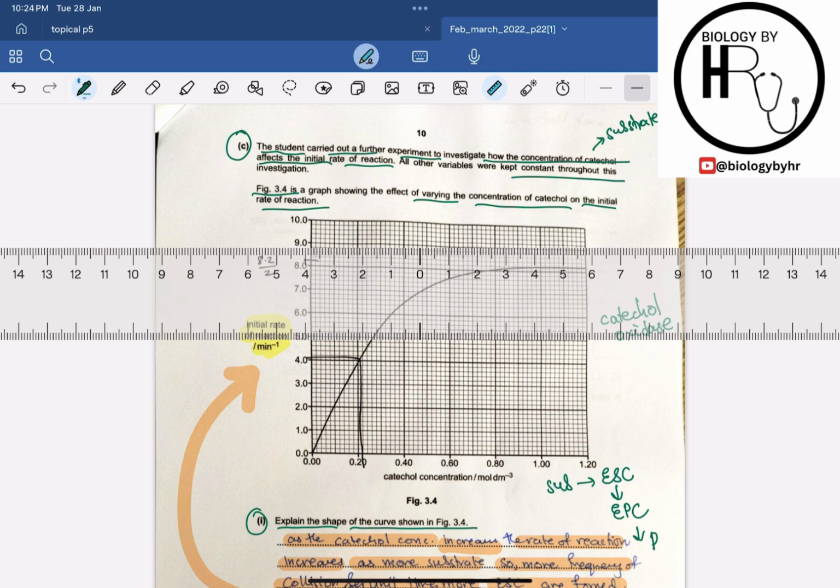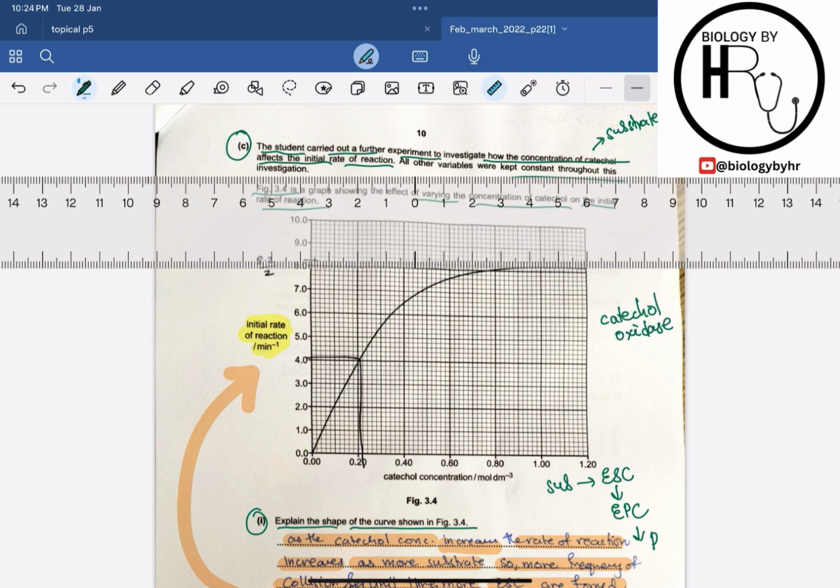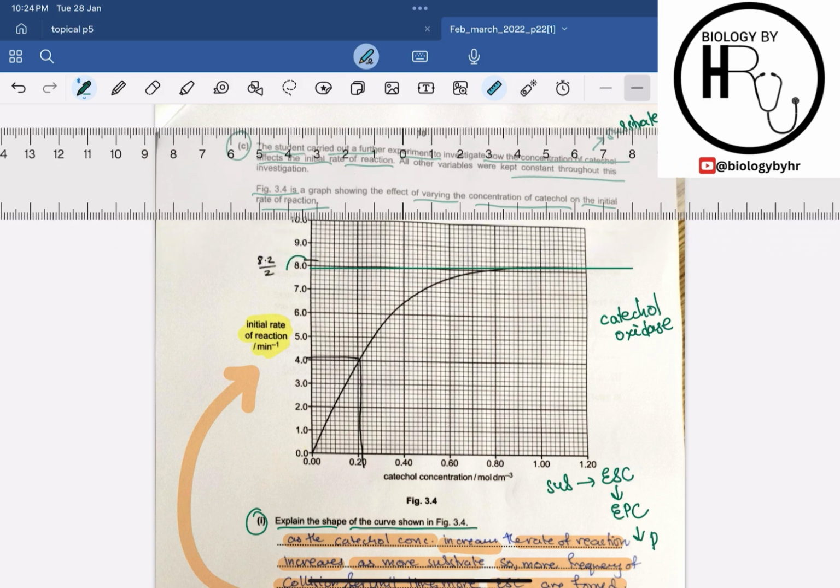If we look over here and try to calculate it, the Vmax is coming to be 8, I believe. No, it's coming to be 8.2.